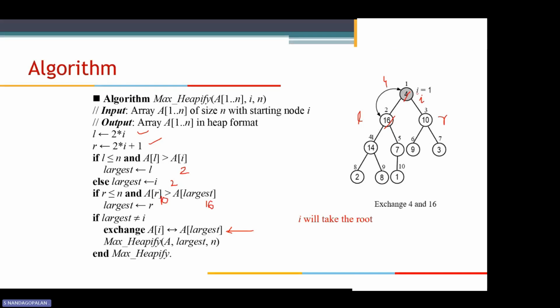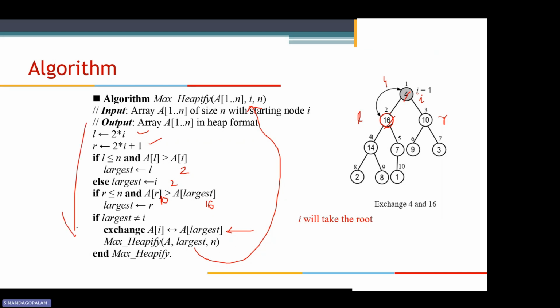Since it's the same work, I can recursively do that for all levels. Only thing is that I should start from here as my new I. So what is my new I, which is the larger one? That is largest. So next recursive call, my I will take the address of largest, that is this one. And N remains same, A remains same.